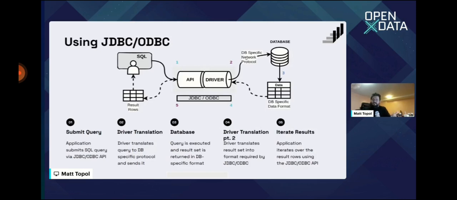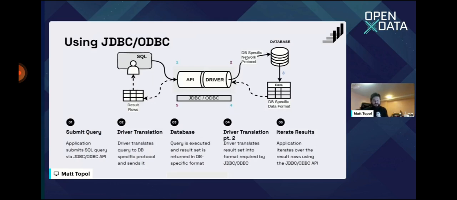You have loaded a driver of some kind, so that driver implements the database-specific network protocol, sends the query to the database, retrieves the results from the database, converts that data into the format for ODBC and JDBC, and finally returns those results through the ODBC and JDBC API.